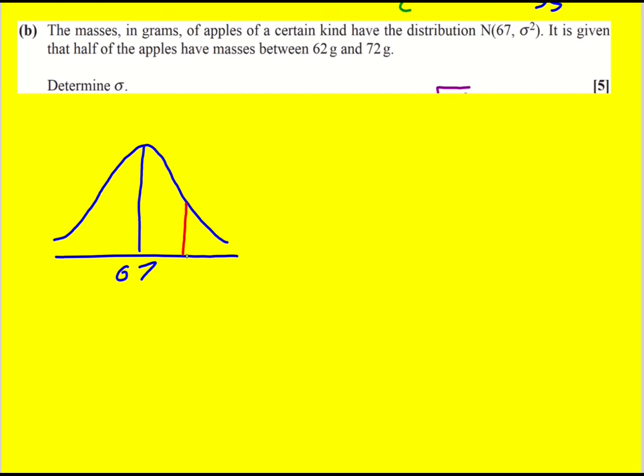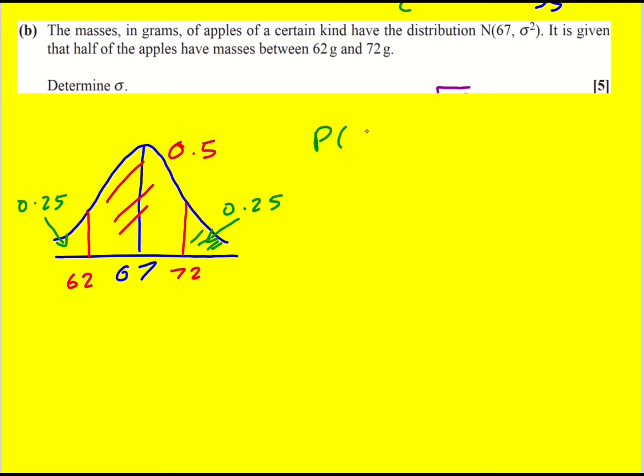So I've got 72, 62, and this is 0.5. Remember, the normal distribution is always symmetric. So what this tells us, because they're both 5 away from the mean, is that this is going to be 0.25, and so is that.